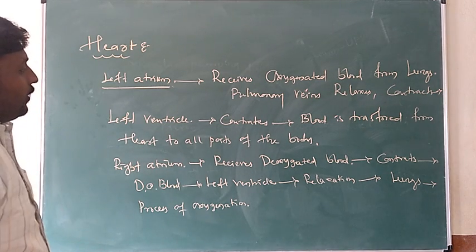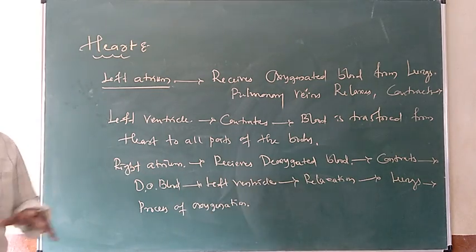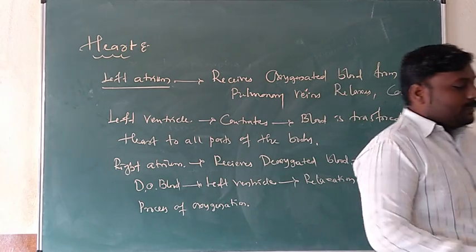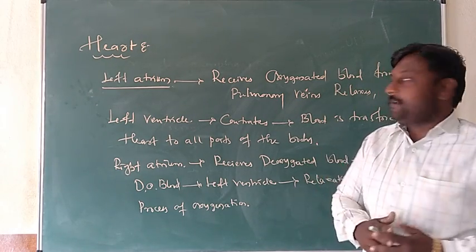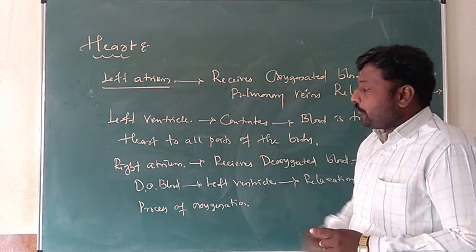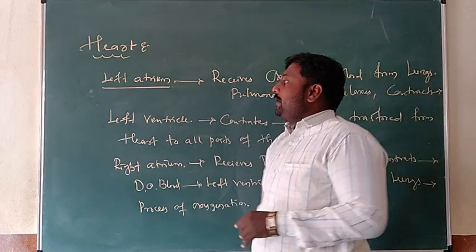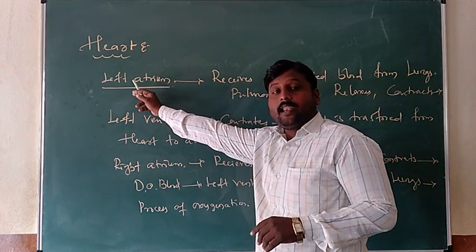Yes, my dear students, all of you carefully observe here. What type of process takes place in our heart? First of all, the heart has four chambers: left atrium, left ventricle, right atrium, and right ventricle. First, oxygen-rich blood enters where? The left atrium.